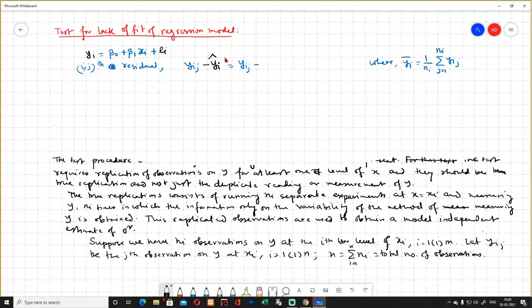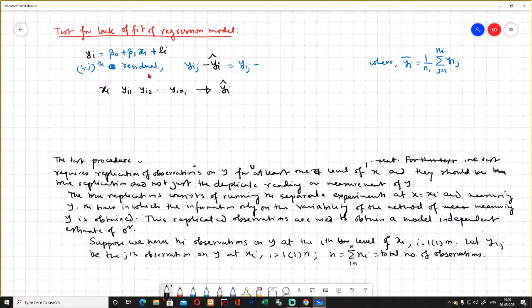Okay. So see that for xi we have yi1, yi2, up to yini, and the corresponding fitted value is yi hat.